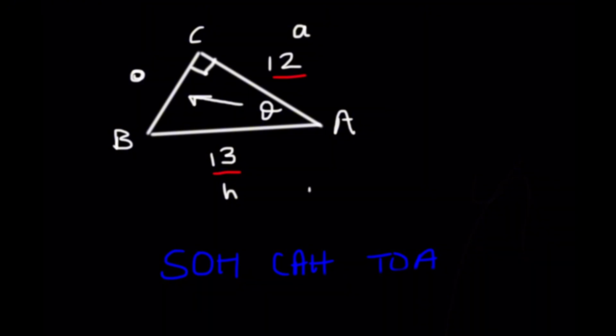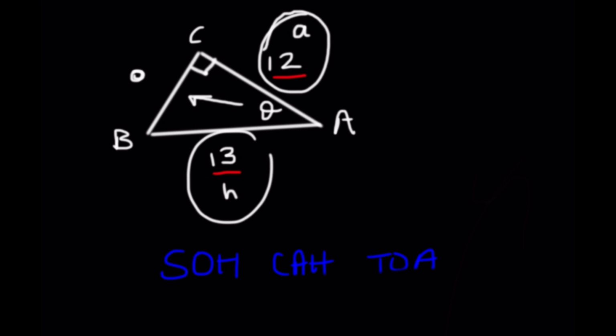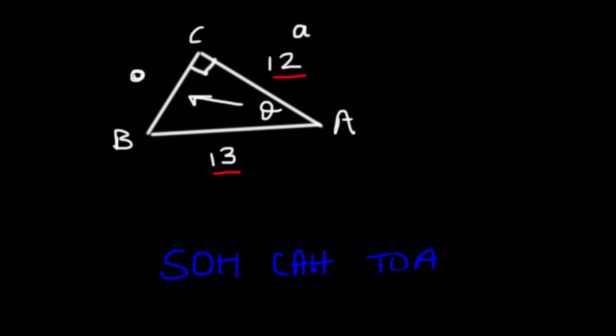Here we're given adjacent and hypotenuse, so we're going to be using CAH, which is cosine. So cosine theta equals 12 over 13.